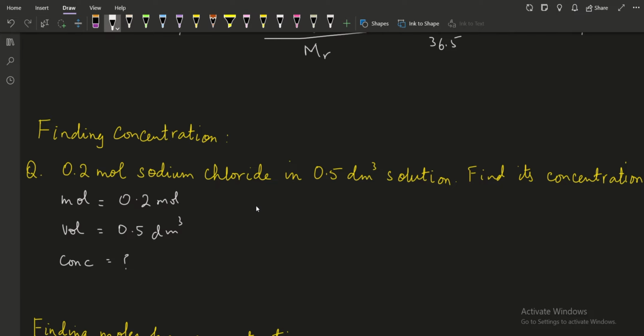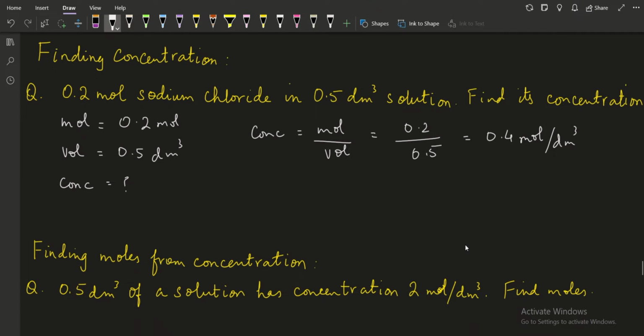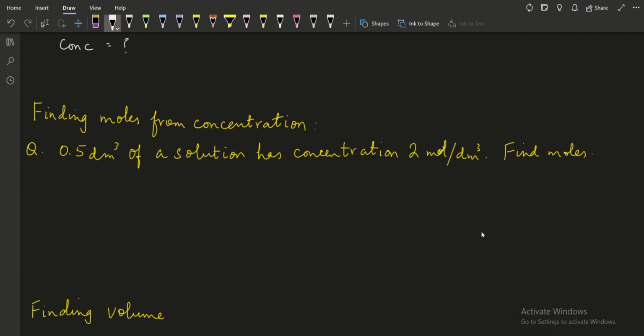We'll use the formula that we just wrote: moles per unit volume. The value of moles is 0.2 and the value for volume is 0.5, so our answer will be 0.4 moles per cubic decimeter.